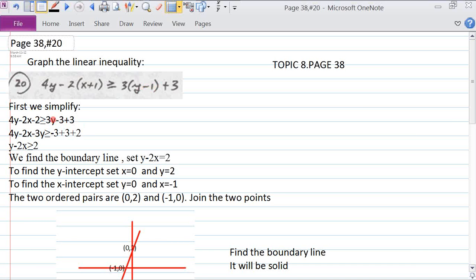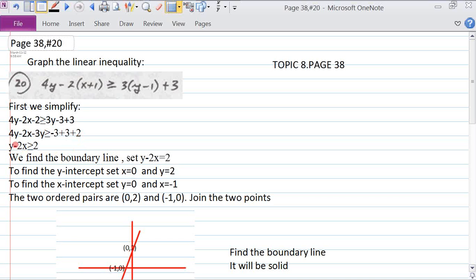So all I've done here is move this from the right side to the left, and made it minus 3y. So the plus 3y here becomes minus 3y here. And I moved the minus 2 from the left side to the right side and made it plus 2.